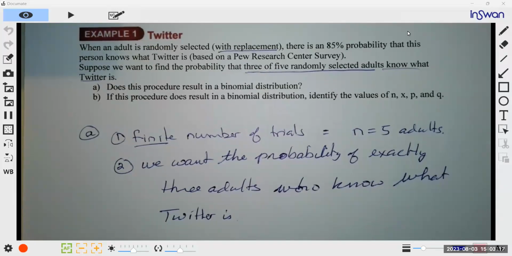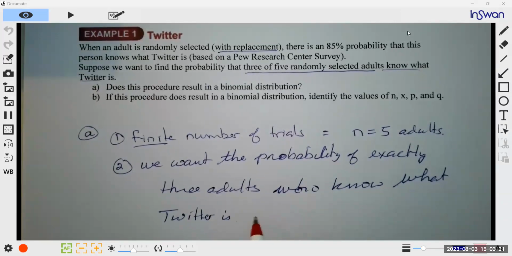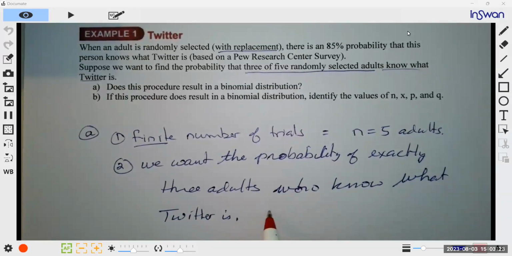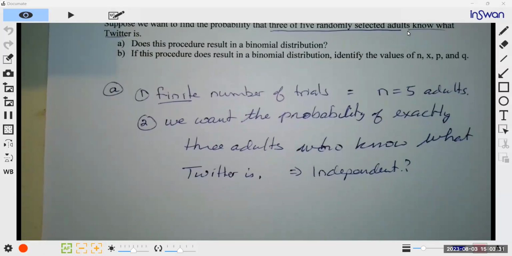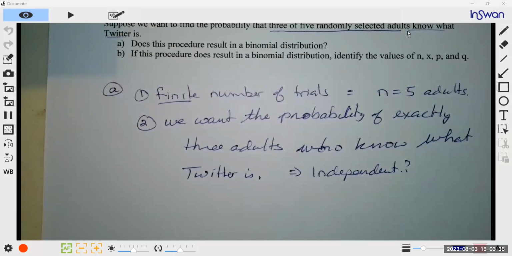So is it independent? Yes, because one person answering doesn't affect the other person.